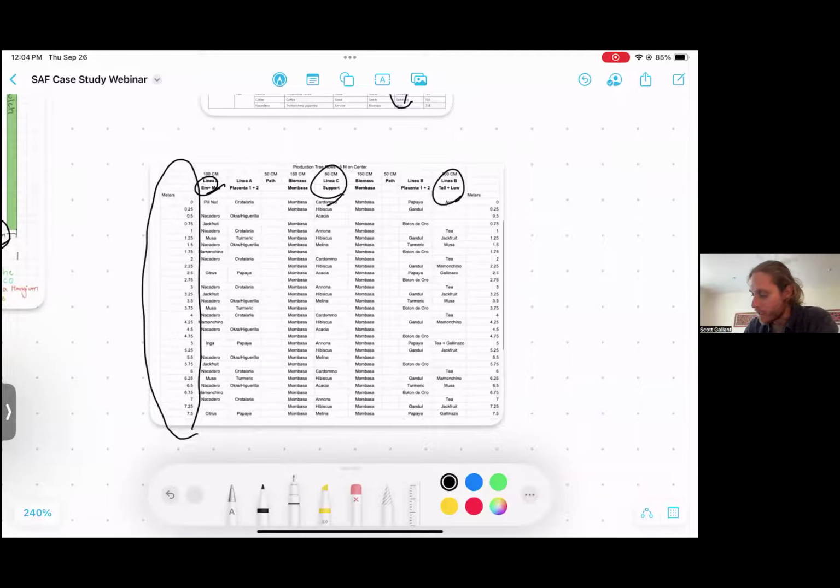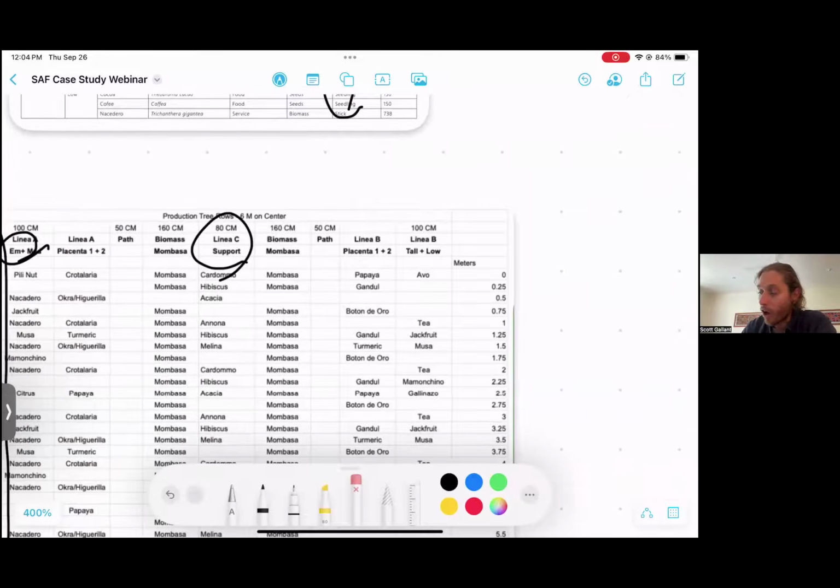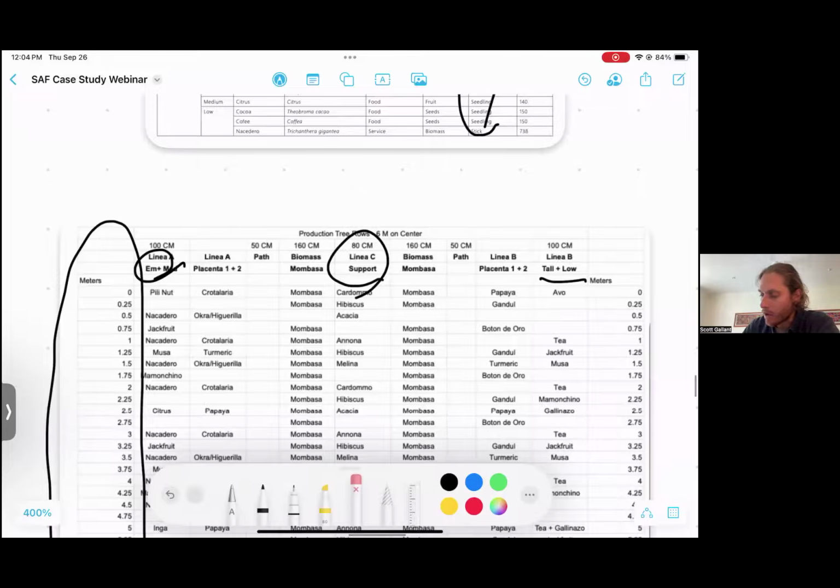If we zoom in a little bit, we have our tall and our low species together in the B row. And then we have our emergent and our medium species together in the A row.